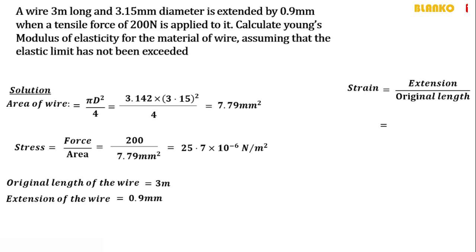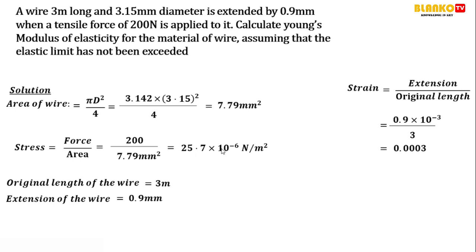The extension is 0.9 times 10 raised to the power negative 3 over 3, which is the original length of the wire, 3 meters. So when you divide, we are going to get 0.0003. So the value for the strain is 0.0003.